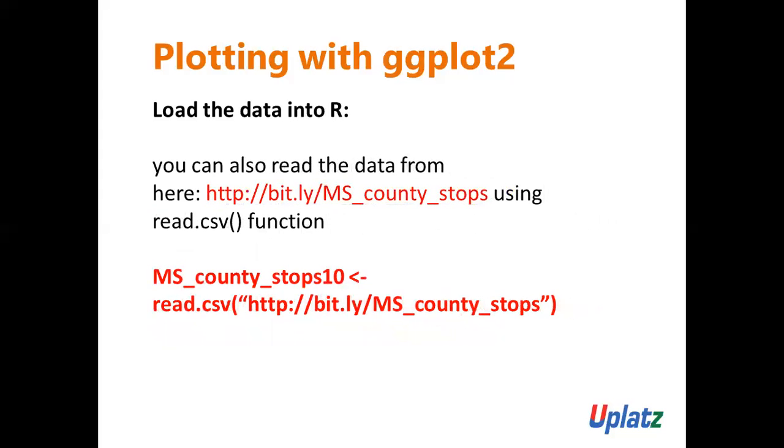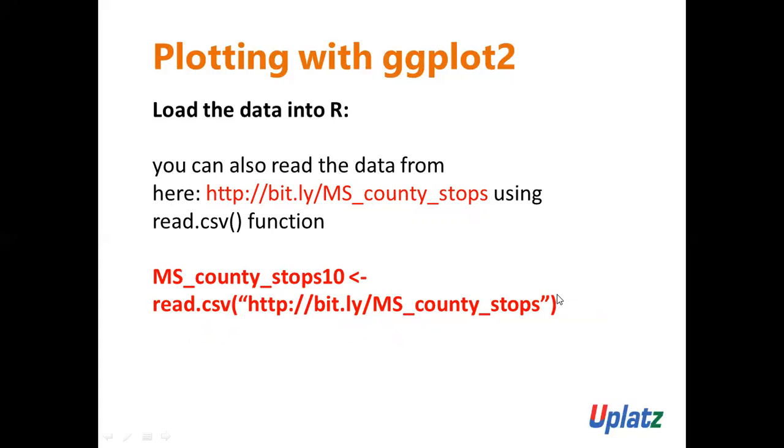But let's suppose you would like to read the data, or load the data into R, with the help of the read.csv function. That is also possible, because we have the function read.csv. How can you use it? Just write the read.csv function, and inside the opening and closing brackets, you need to specify the link of the data, the CSV file, in double quotation marks.